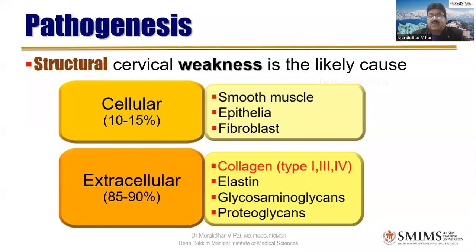So where is the question of the smooth muscle relaxation leading on to cervical insufficiency. It is in the absence of contractions due to structural weakness in the cervix. It's inherent.